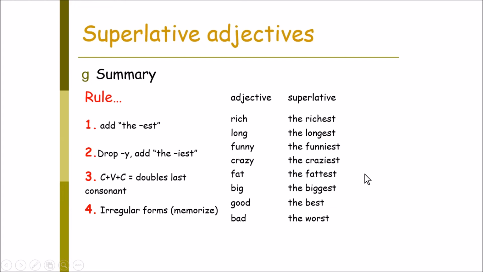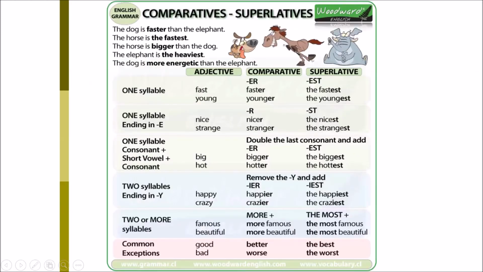And just to finish, we have here a big summary of everything that we have learned in this video. We have comparatives and we have superlatives. So here you have each rule that we mentioned before. And also we have 2 extra rules that you can learn if you want to expand your knowledge.